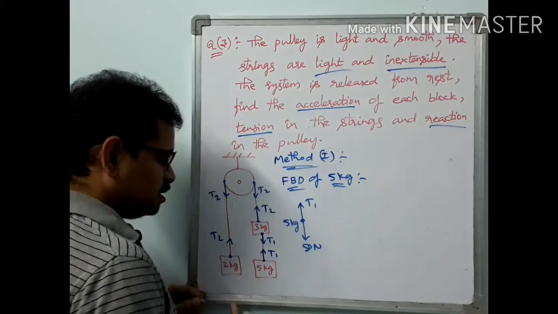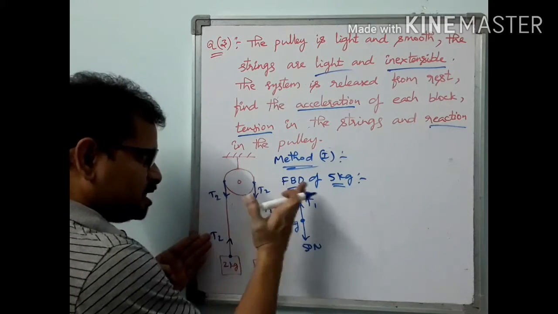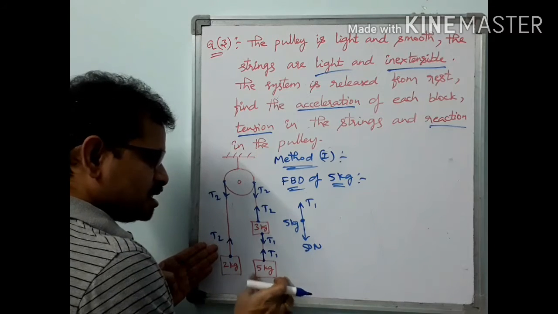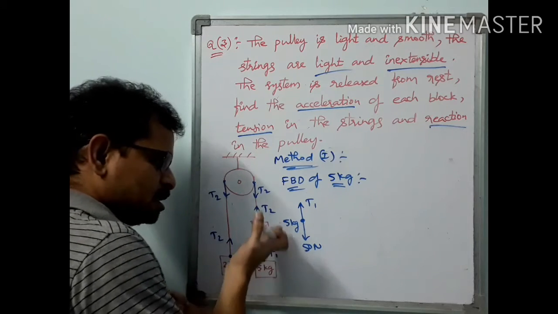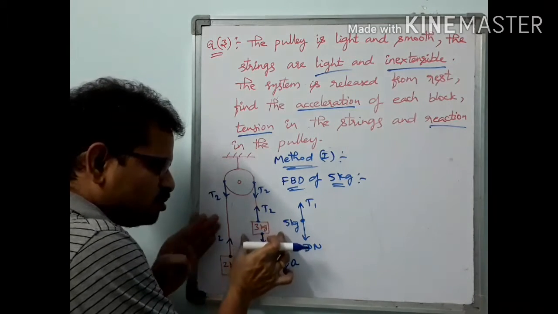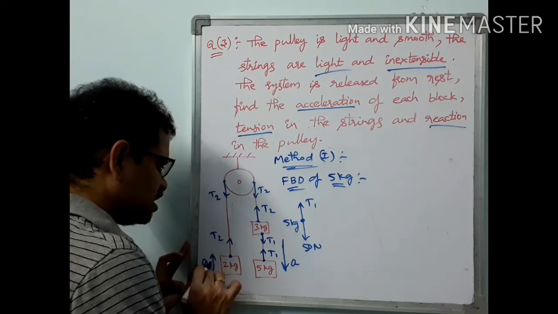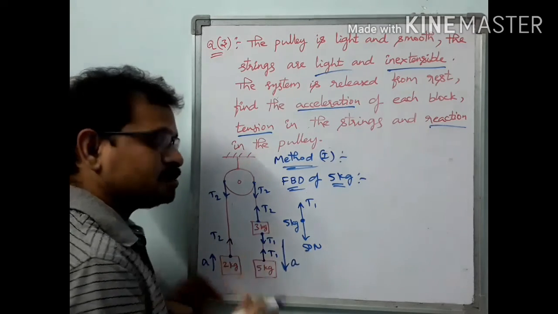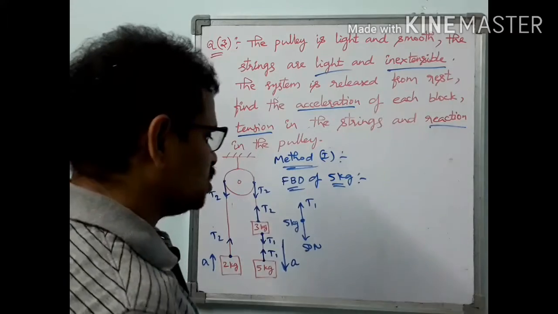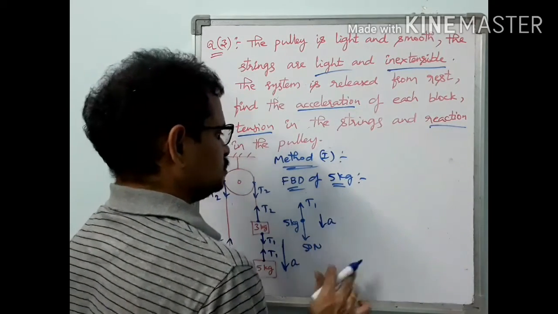And here one more thing, see in which direction the blocks move. Since on this side of the pulley 8 kg mass is there, on this side only 2 kg is there, so these blocks move down with an acceleration A. If these two blocks move down with an acceleration A, this block has to move up with the same acceleration, because the lengths of the ropes do not change. So here this acceleration is downwards.